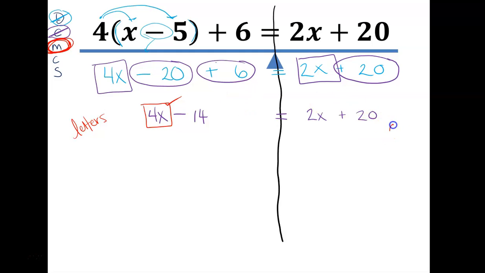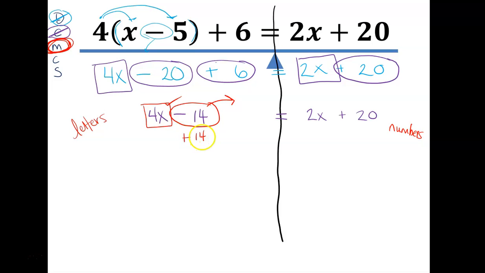Okay. Negative 14, you are not a letter. You are a number. You got to go. So how are we going to move a negative 14? With an opposite operation. And instead of negative or minus 14, I'm going to do a plus 14.